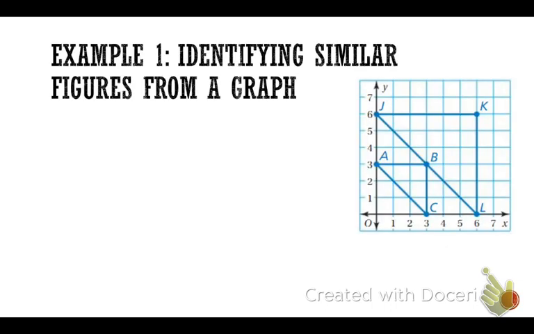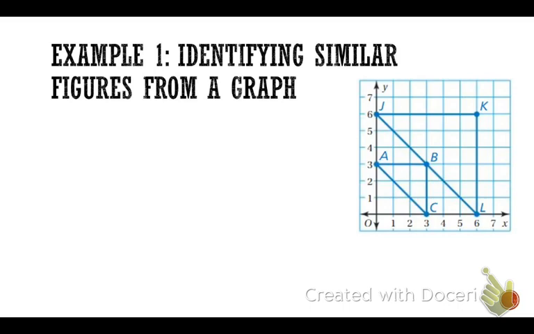Similar figures have the same ratio of x and y values when it comes to ordered pairs. So if we have a graph like you see here, you can just turn in your books to page 492. You don't have to draw that graph.